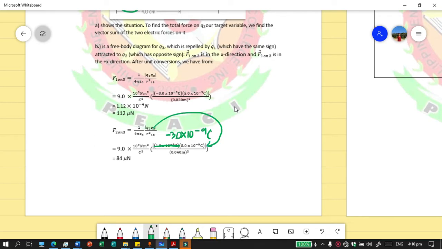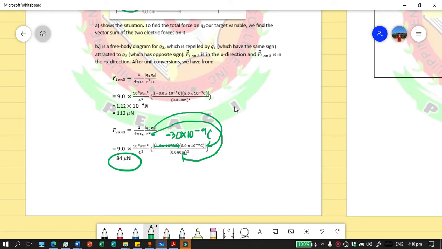Tapos, yung value naman natin sa R sub 23 is correct, which is 0.04 meters. So, upon calculation, yung final answer natin dyan is 84 micronewton. Okay, that is the force exerted by charge 2 on 3.